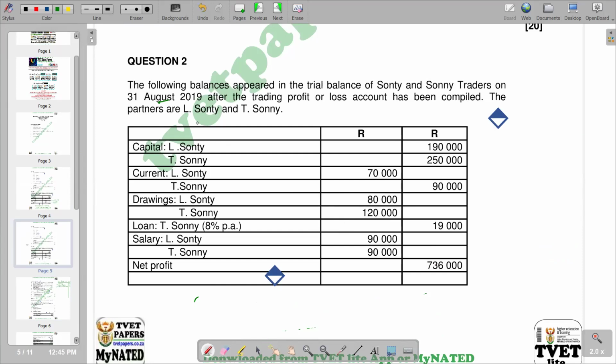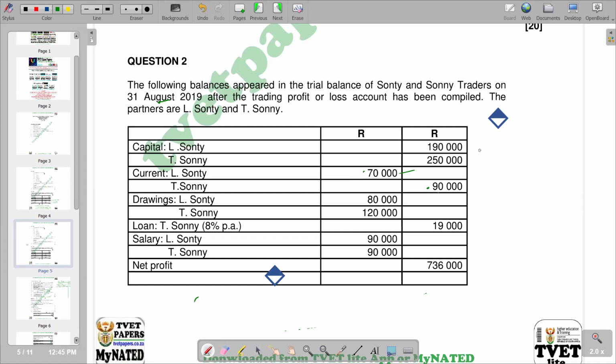So we come here, we have got our 14% and our current, we are seeing that we have got a debit balance for Sonti, and then we have got a credit for T-Sony. So it means for this debit balance, it should appear on the credit side of the appropriation. So this one is going to the credit side of appropriation, and this one going to the debit side of appropriation.